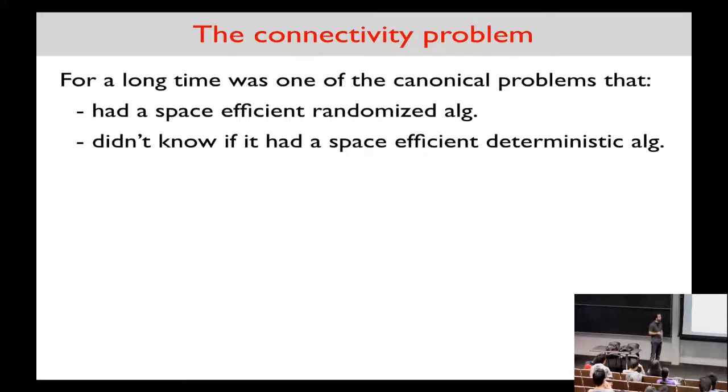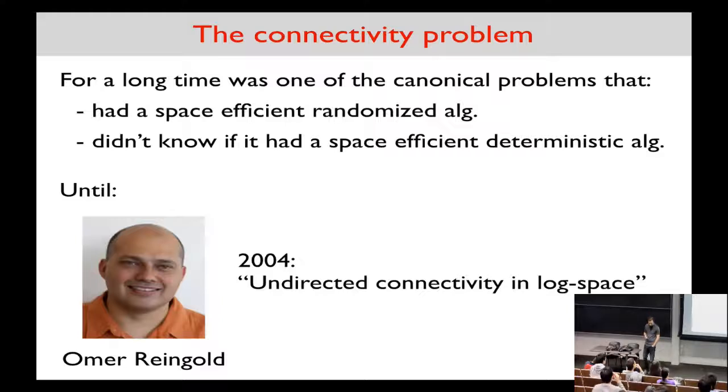So this remained open for a very long time. No one knew how to do it until Omer Reingold in 2004 showed that you can actually do this in deterministic logarithmic space. It's one of the celebrated results in the area. It's pretty cool.